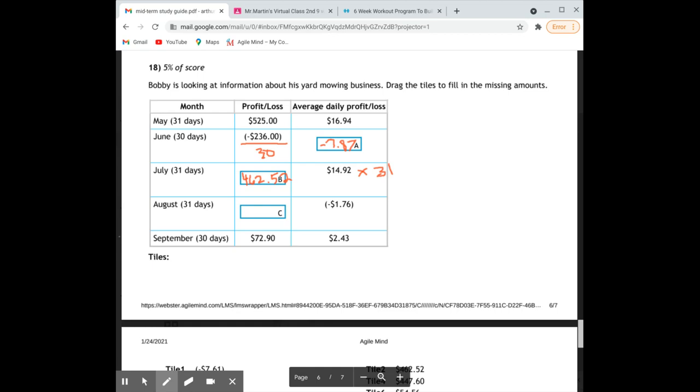What would you do, Birdie? Wouldn't you multiply negative 1.76 times 31? Correct. And what's that going to be? Positive or negative? Negative. Negative, right? So it would be negative $54.56. Sounds good.